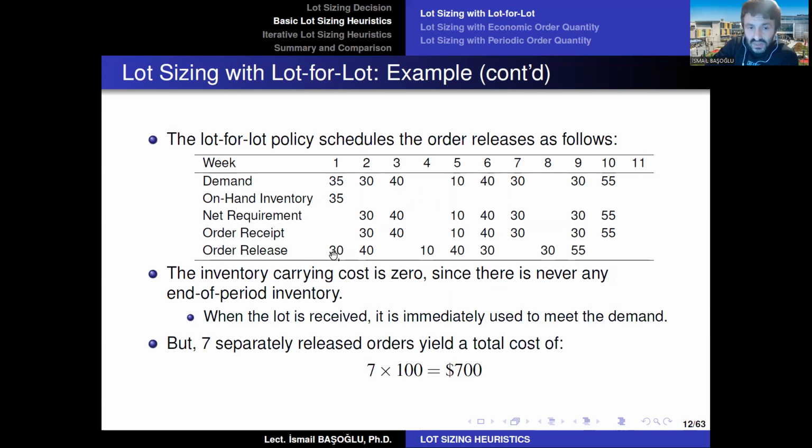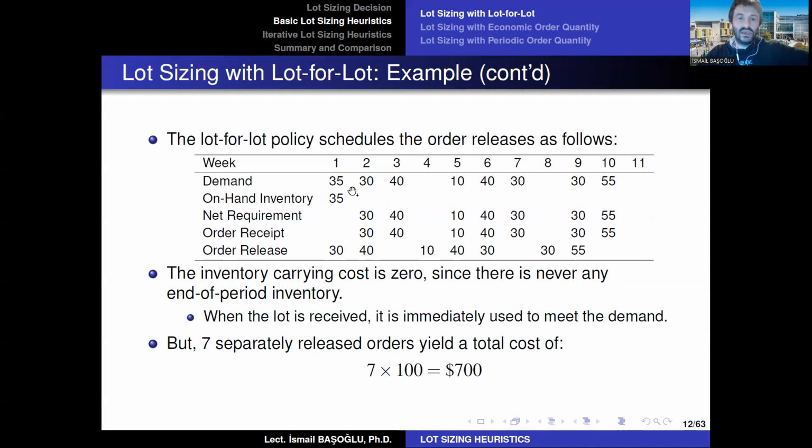However, since we release 7 different orders in this planning horizon, we need to pay 7 fixed order releasing costs. Okay, each order release costs a fixed amount of $100. So 7 times this, we need to pay $700 as the total ordering cost in this plan.